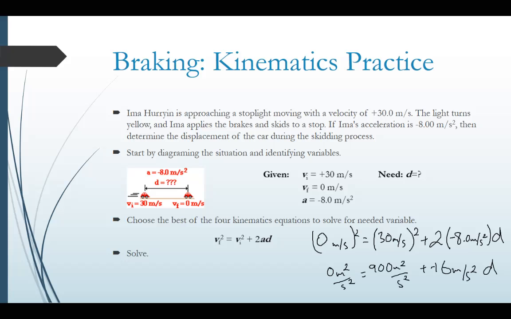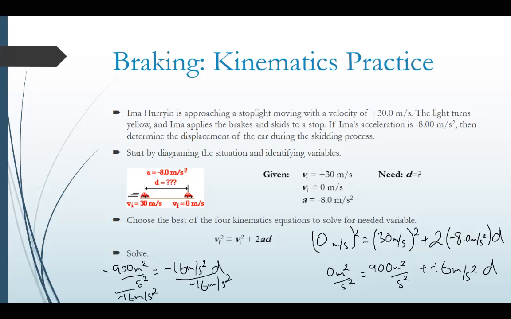We end up getting negative 900 meters squared per second squared equals negative 16 meters per second squared d. We want to get d by itself, so we divide both sides by negative 16 meters per second squared.